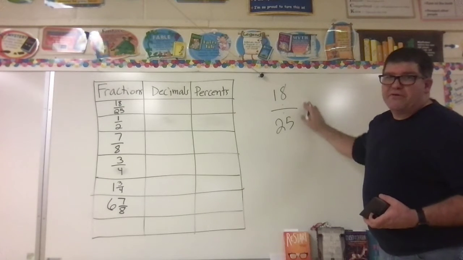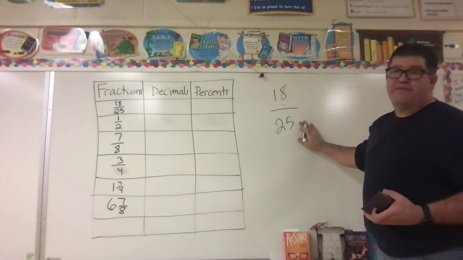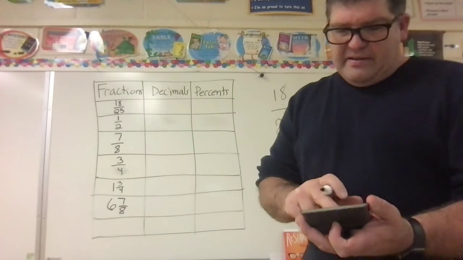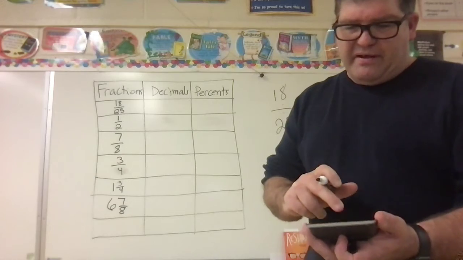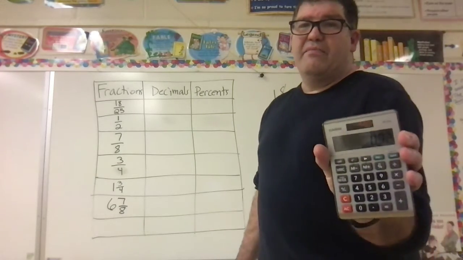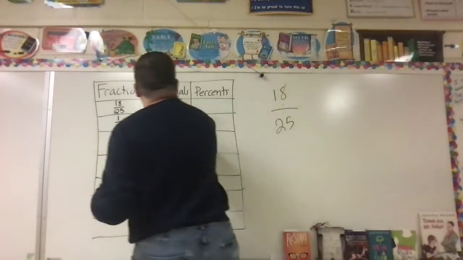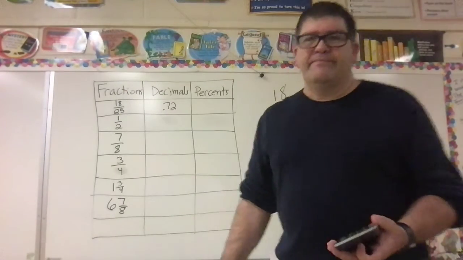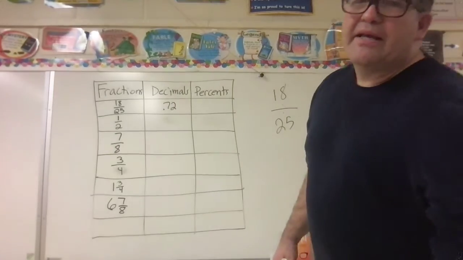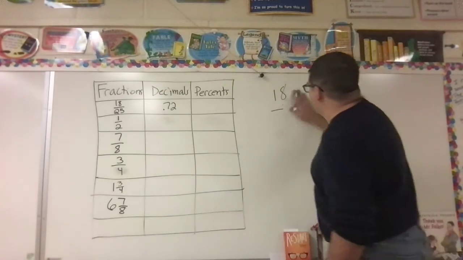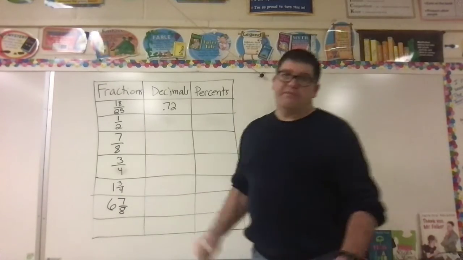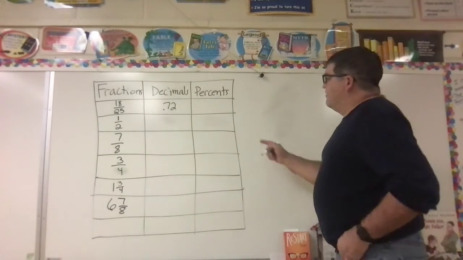It's a ratio, but 18/25ths, all I do is I type in my calculator, 18 divided by 25, and it gets me 0.72. There you go. Now, say you don't have a calculator and you want to be able to convert a fraction to a decimal. This is how you do it.